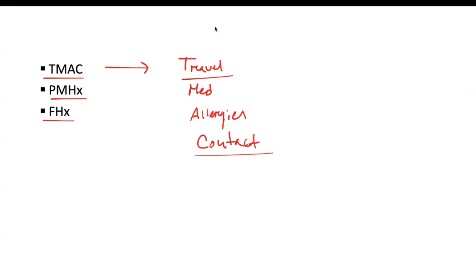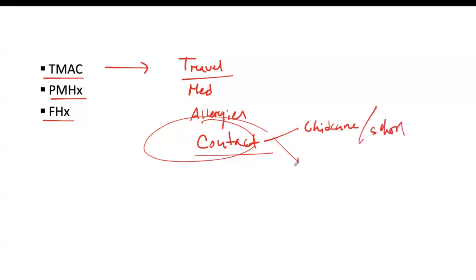So ask that, does the child go to childcare? Is there anyone sick at childcare? So that's contact history. Is there anyone having a similar problem at your home? So for contact history, we ask about childcare or school based on the age of the child, and also home.